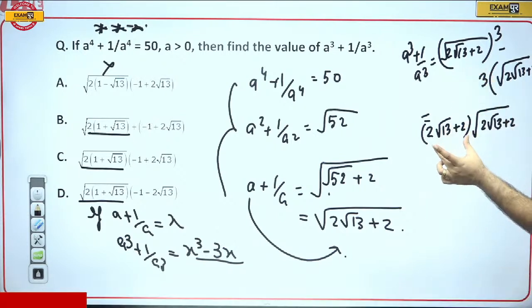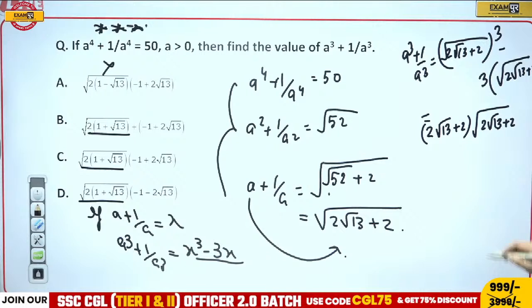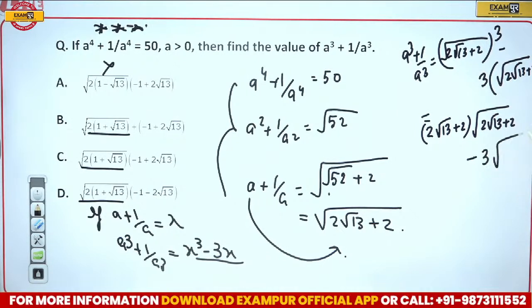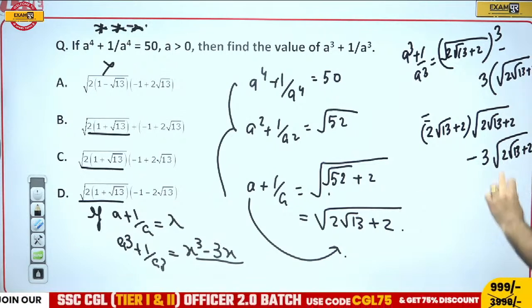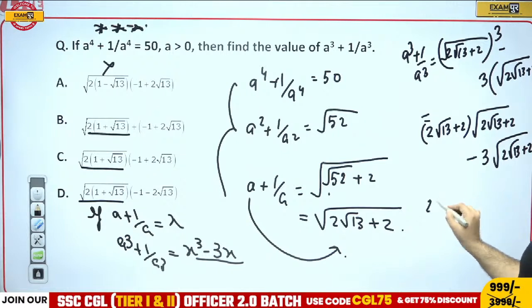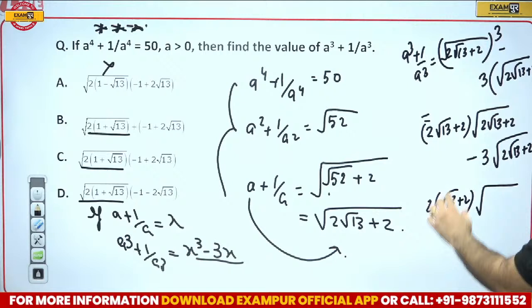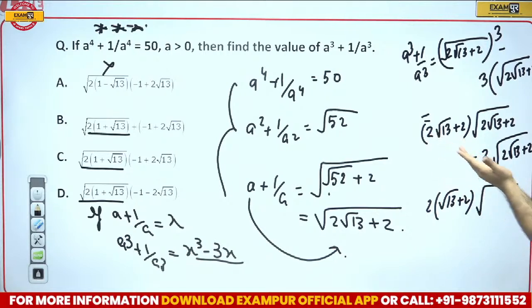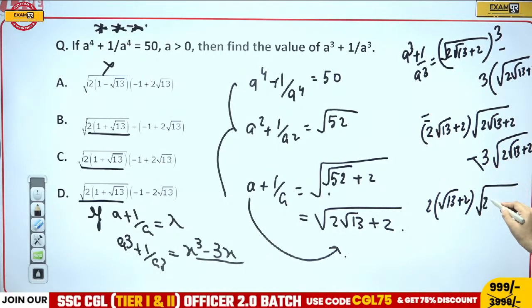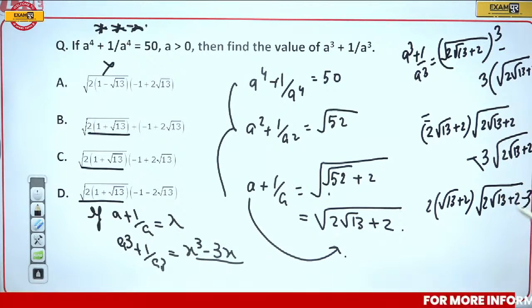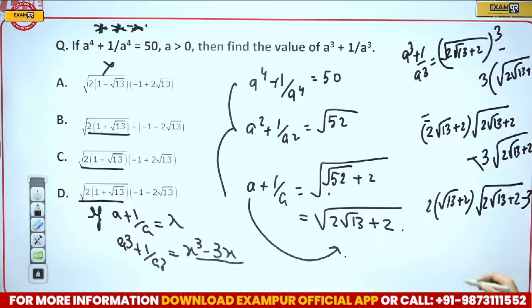Minus 3 times the same thing. Now I'm taking 2 root 13 plus 2 common, so this value will come in the minus: 2 root 13 plus 2 minus 3.